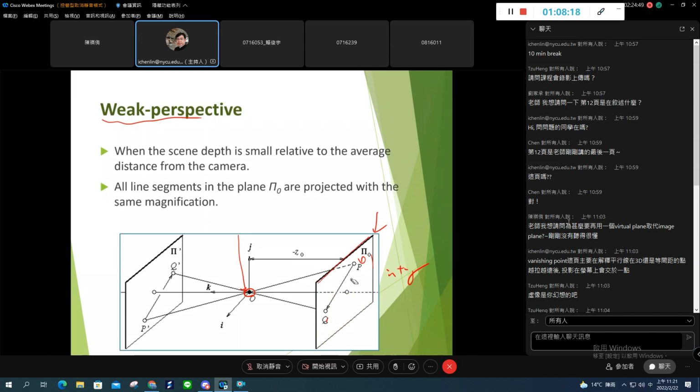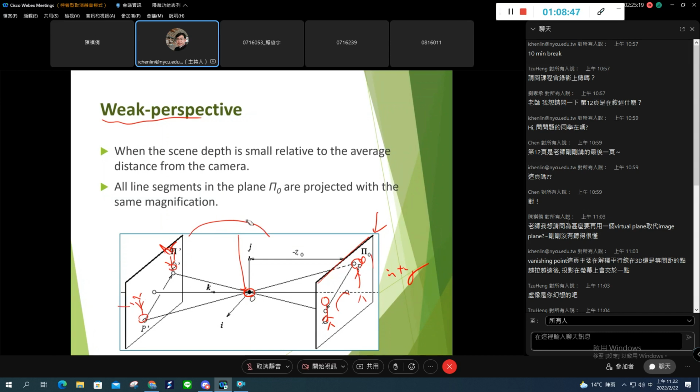If some guys here jump along the plane, their movement becomes reversed, from here to here. You see, if we don't use the virtual plane, you have to draw everything reversed.